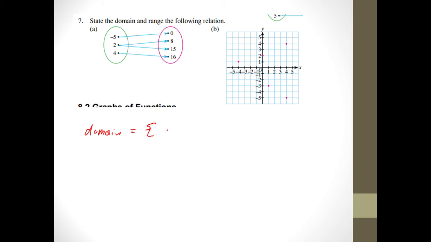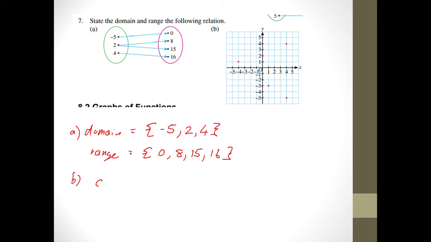Make sure you put brackets like this: {-5, 2, 4}. For A, the domain is these numbers, and then the range is also very easy. Just write all the images: 0, 8, 15, and 16. Because all these are the images, right?